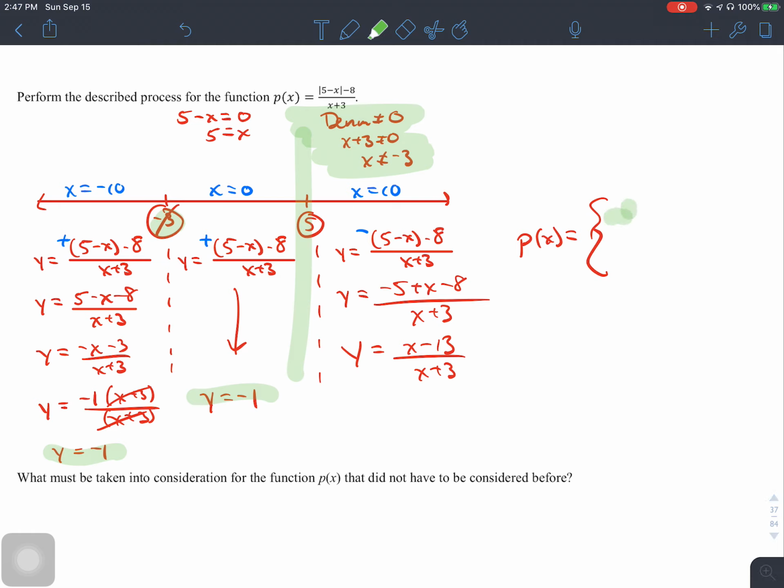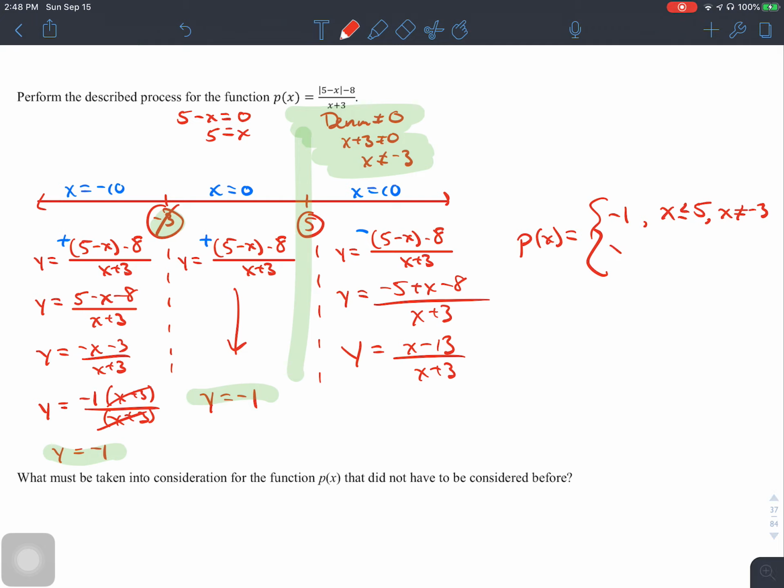So to write that, perhaps not the easiest thing in the world, we would simply say x is less than or equal to 5. These two graphs come together at 5. But x can't be negative 3.